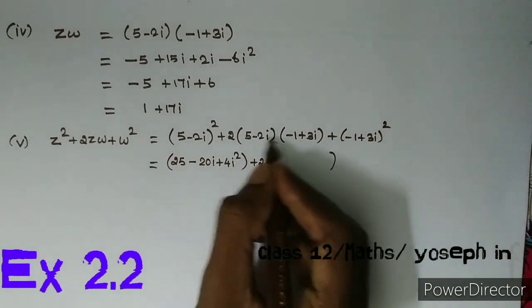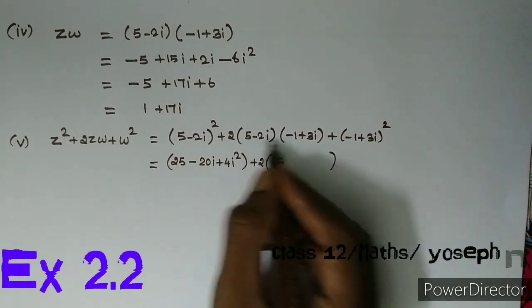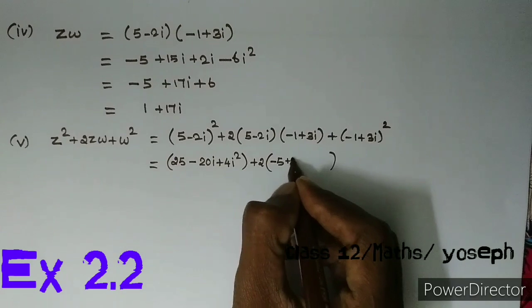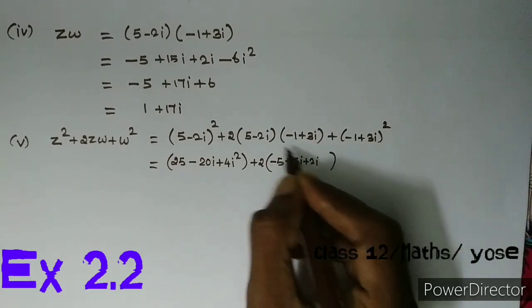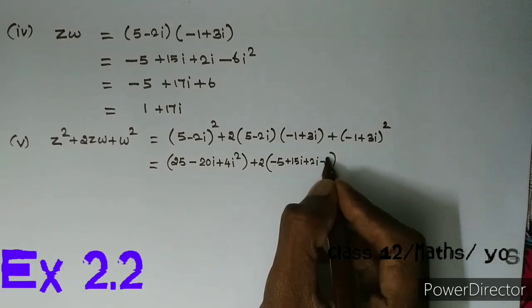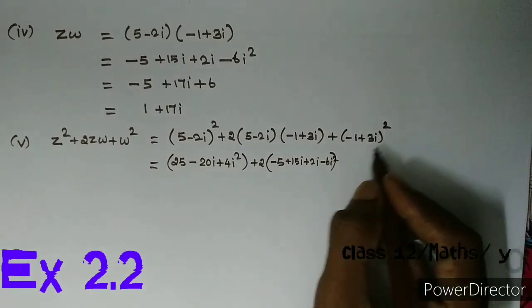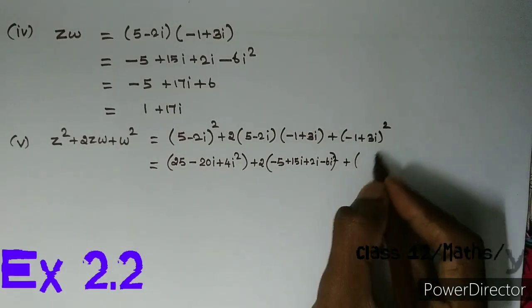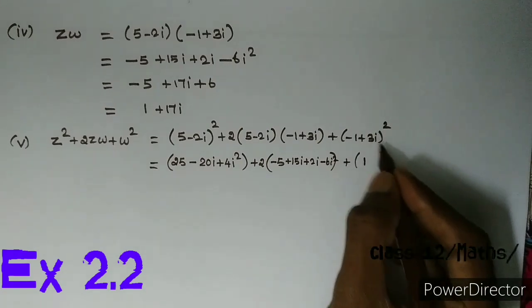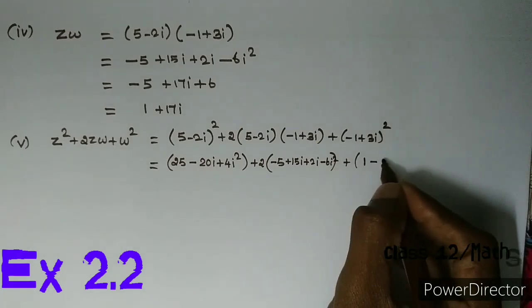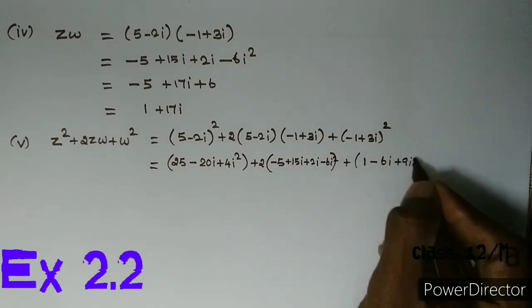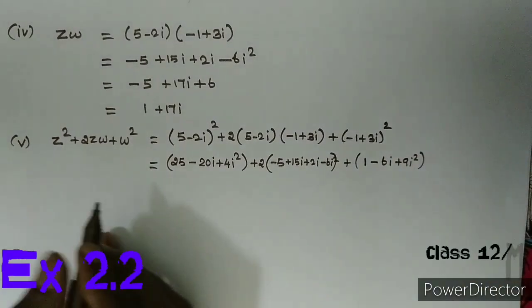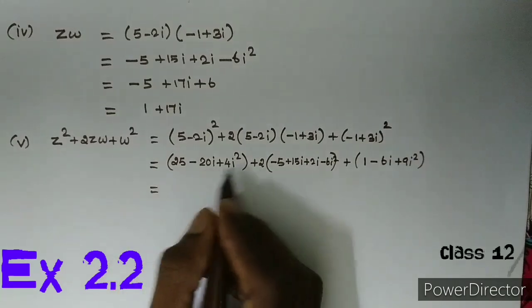Then 2 into, that is distribution of the two factors, 5 into minus 1, 5 into 3i, minus 2i into minus 1, minus 2i into plus 3i. It is actually the fourth subdivision answer. Then plus minus 1 plus 3i the whole square, that is 1. Next minus 2ab answer, that is minus 6i, plus 3i the whole square, that is 9i square.